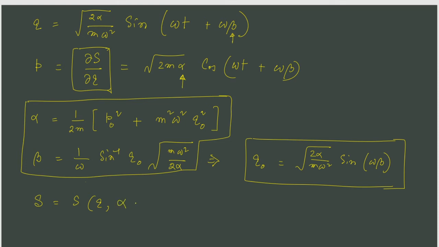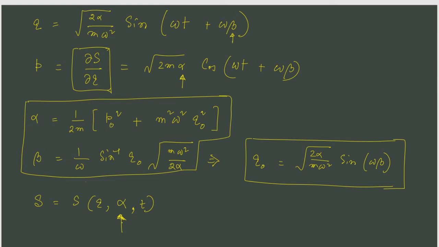W is not an explicit function of time, but S is. By definition, alpha was our new momentum. But then we found that alpha is the energy.